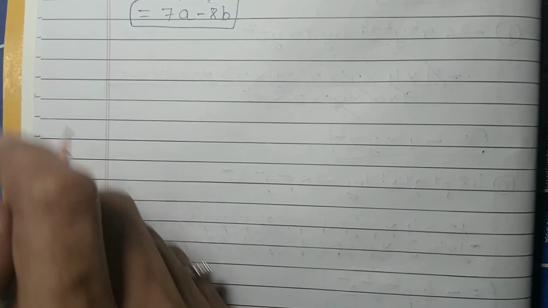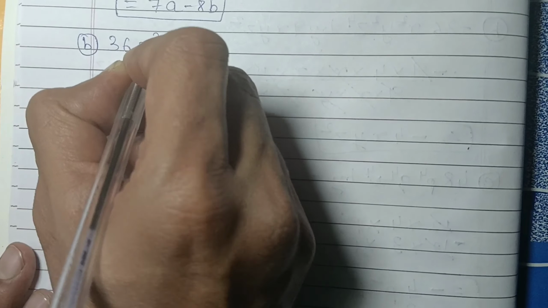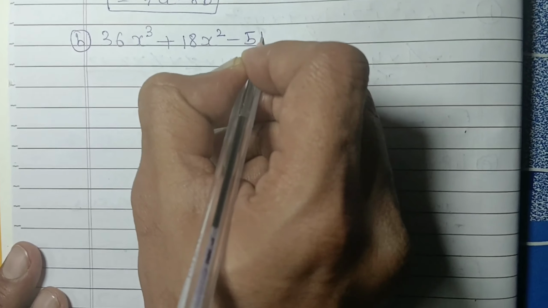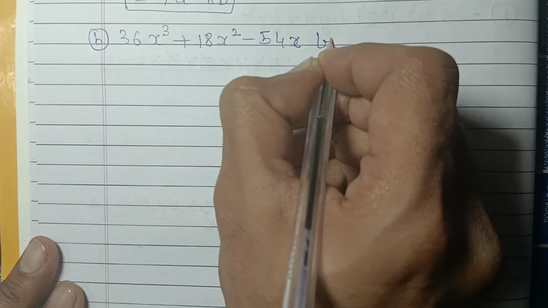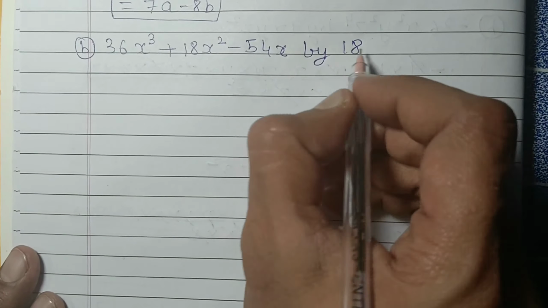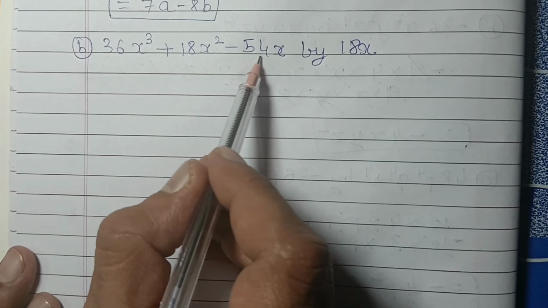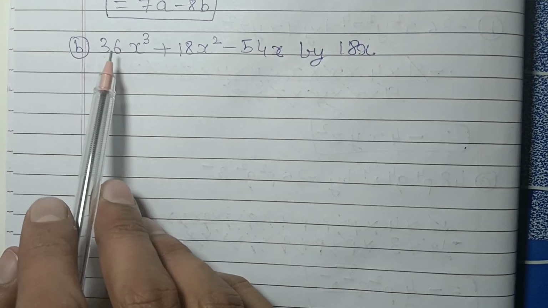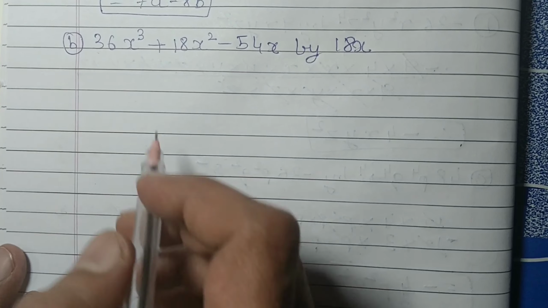Now we will solve the second question, that is the b question, which is 36x cube plus 18x square minus 54x, and we have to divide these by 18x. If you see this whole term, then this is already a multiple of 18.